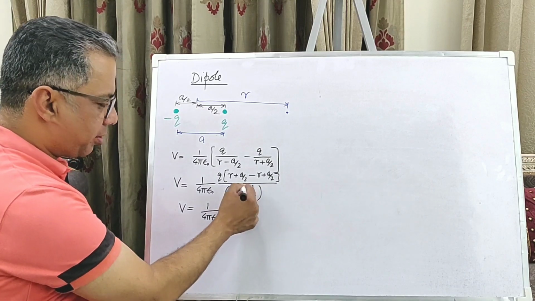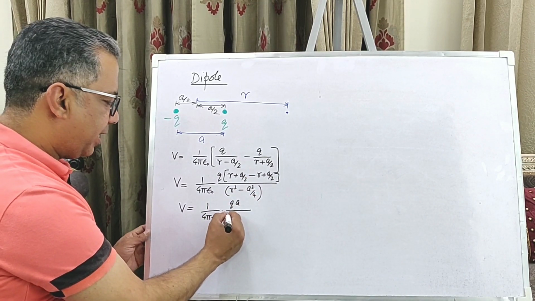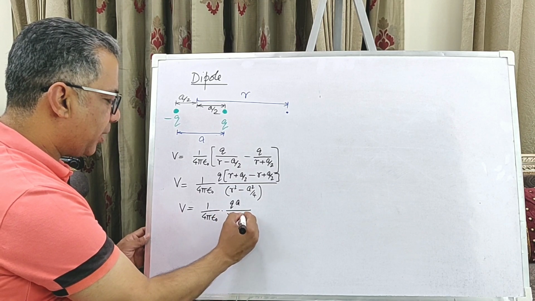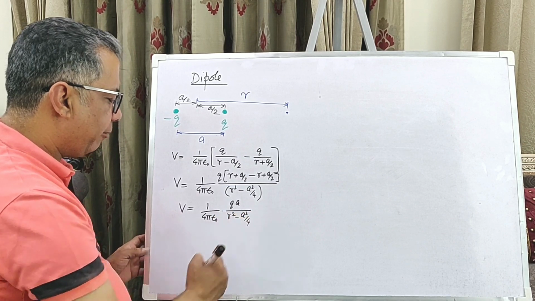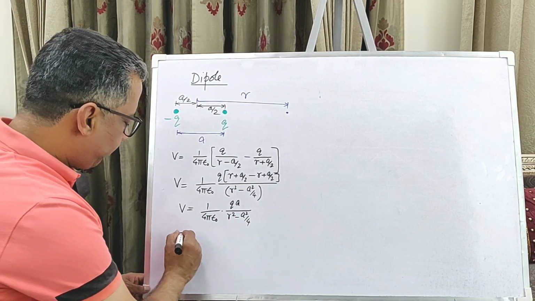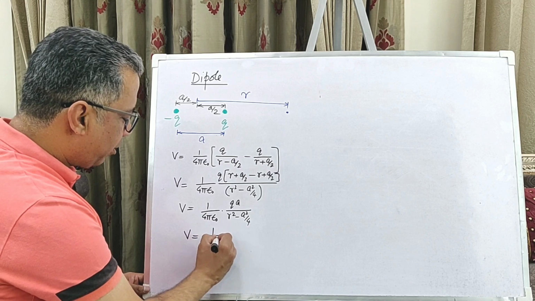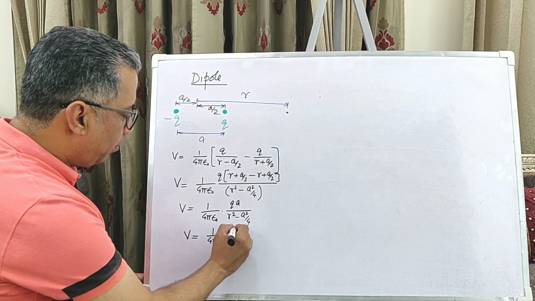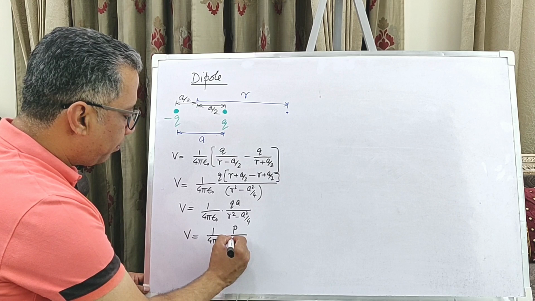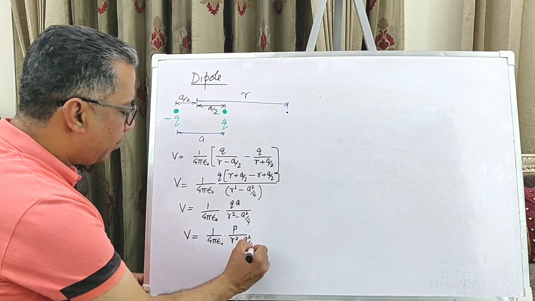And if of course A is small compared to R, we can make approximations. Initially let's just write like this: R square minus A square by 4. This QA is the dipole moment, and so we have V equals 1 by 4 pi epsilon naught P by R square minus A square by 4.